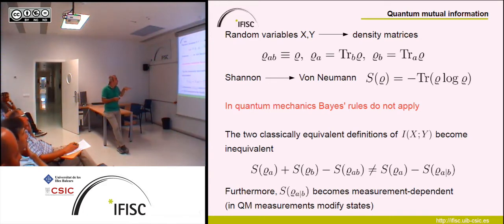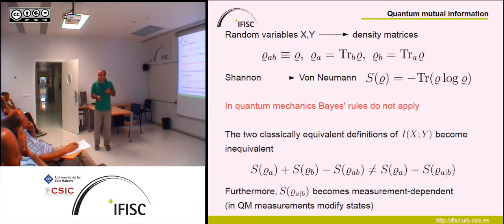The density matrix of the part A is just obtained by tracing out the degree of freedom B, and the density matrix of B is obtained by tracing out A. And instead of using the Shannon entropy, we will use the von Neumann entropy, which is defined as minus the trace of rho log rho.